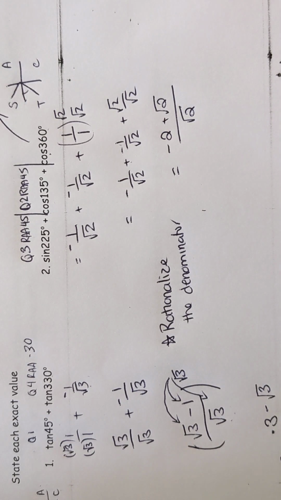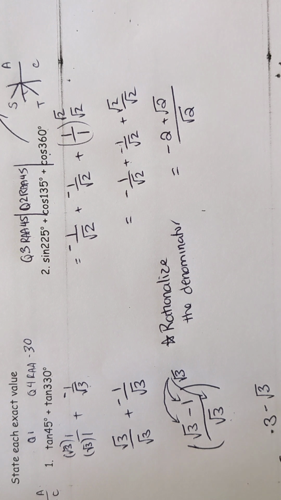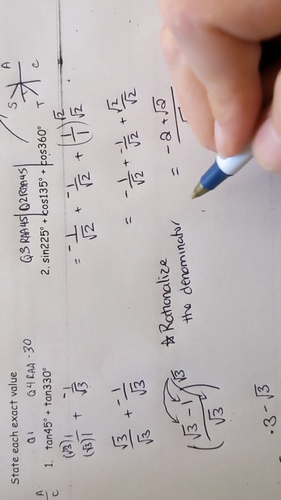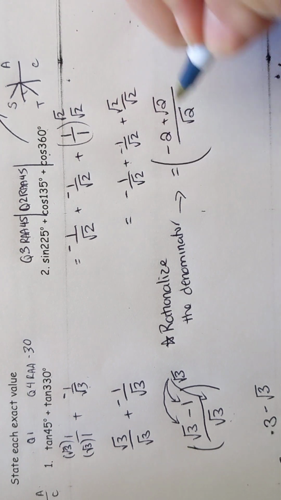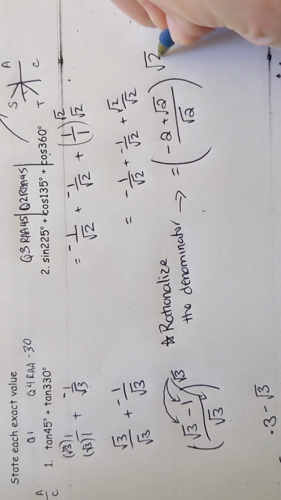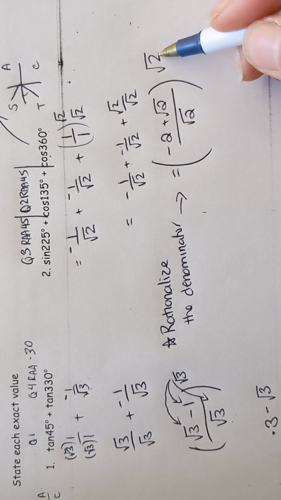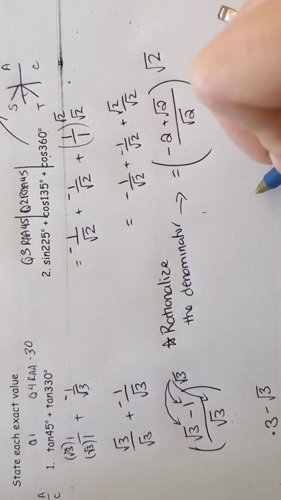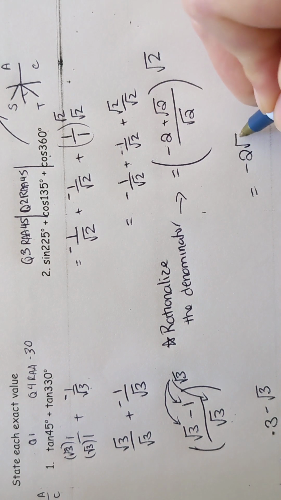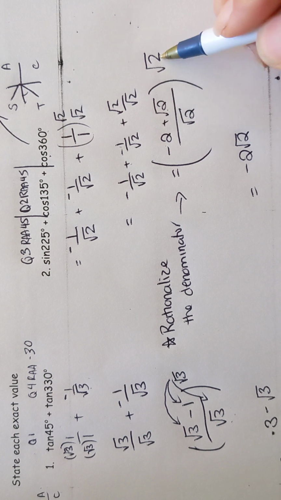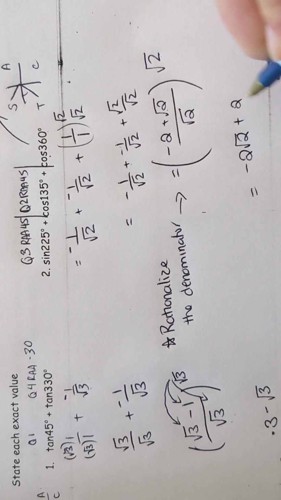Sorry. Now I notice that in this case, I don't have a common factor. I have to rationalize the denominator. All right, so I'm going to multiply this whole thing by root 2. So negative 2 times root 2 is negative 2 root 2. Root 2 times root 2, 2.